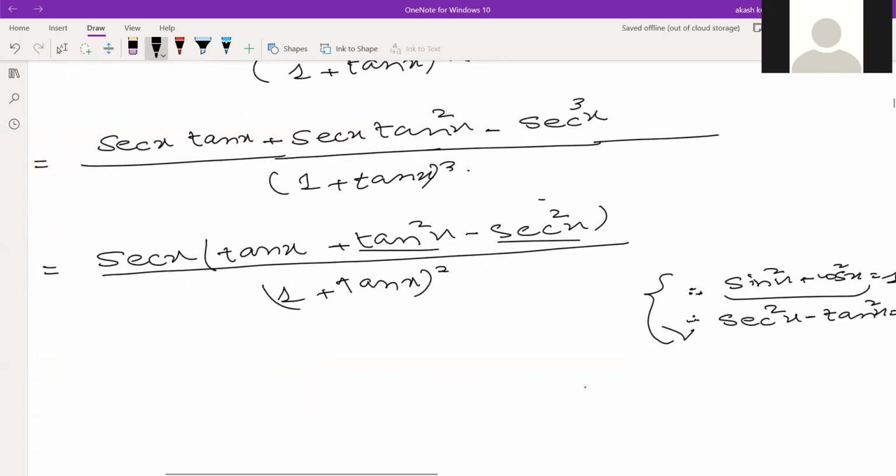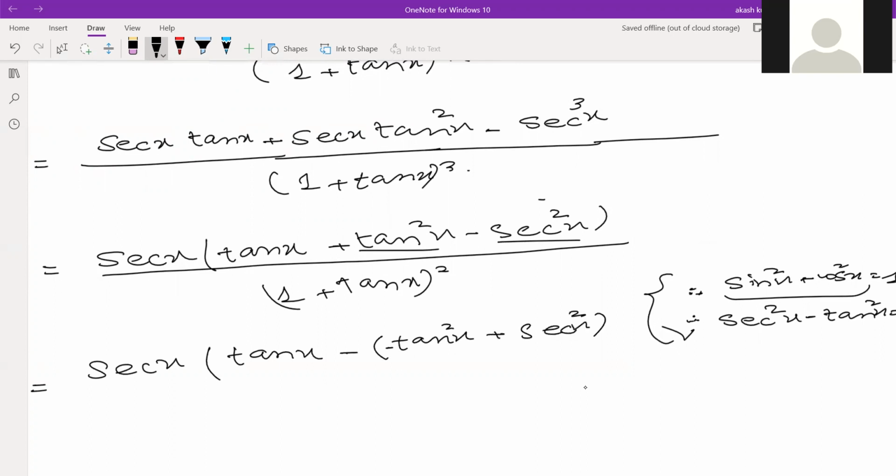How will we be doing it? sec x tan x will be as it is. If we take the minus sign common, it will be minus tan square x plus sec square x. We can write it like this.